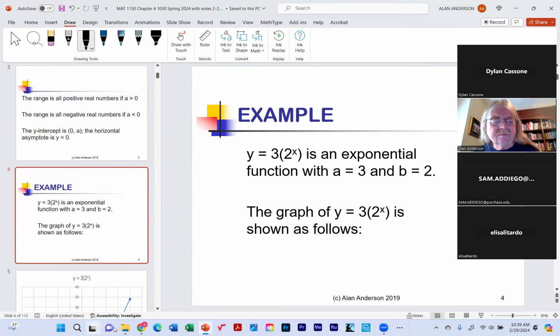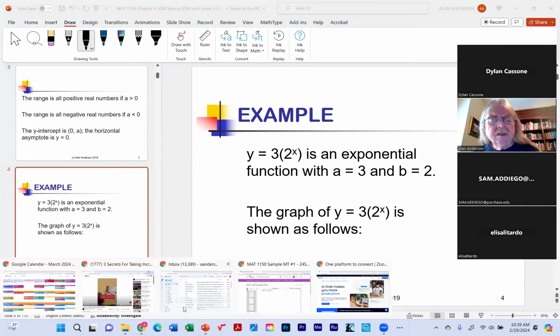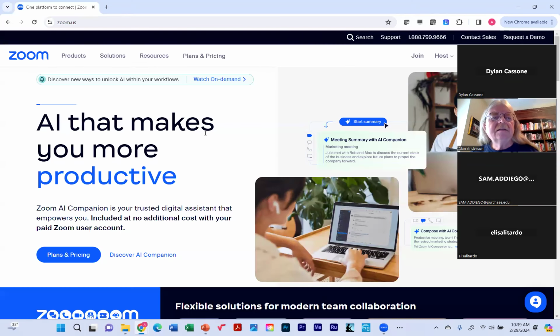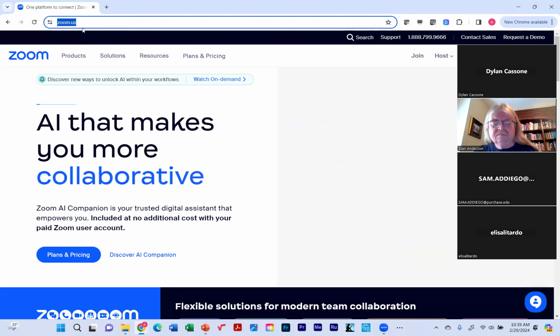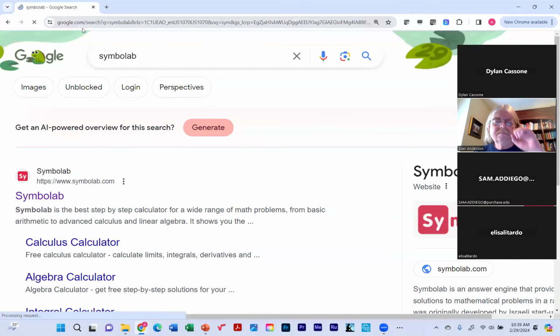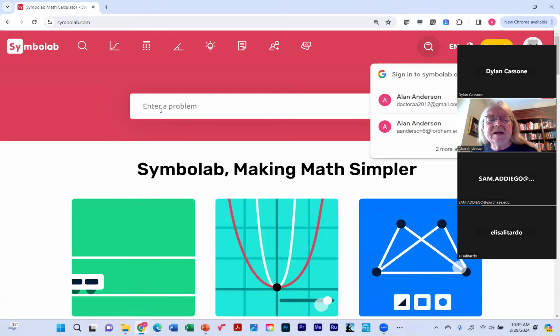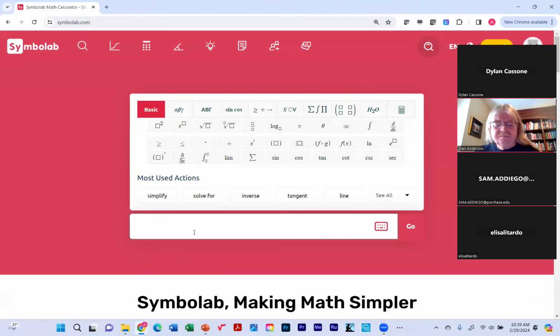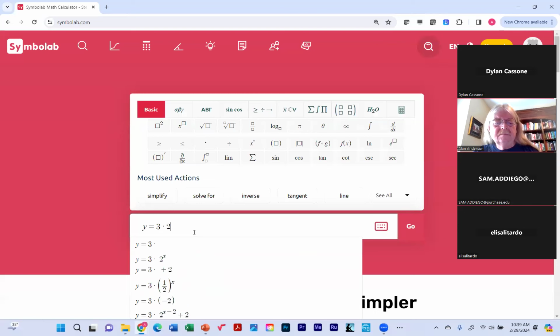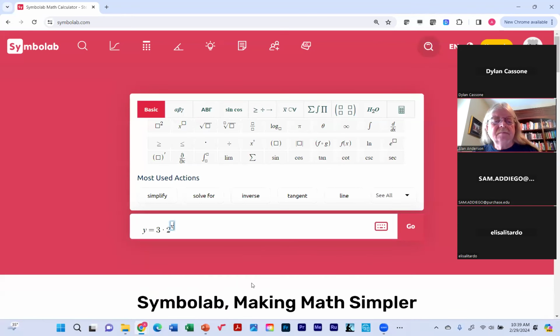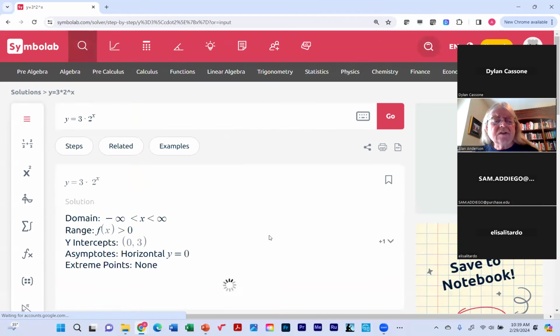We go to Symbolab, and we'll start with 3 times 2 to the x power. And we just want to see what it looks like.